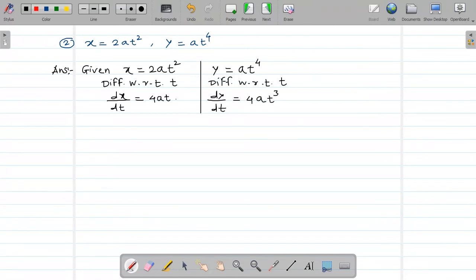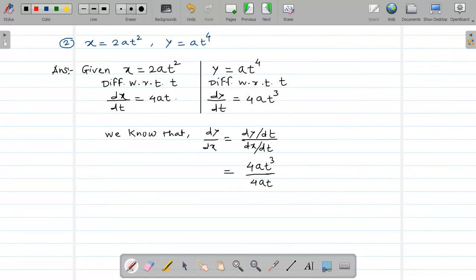Now as we know, by the same technique, dy by dx is equal to dy by dt upon dx by dt, and that's why here it is 4at cube upon 4a into t.